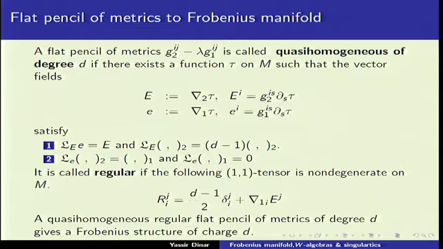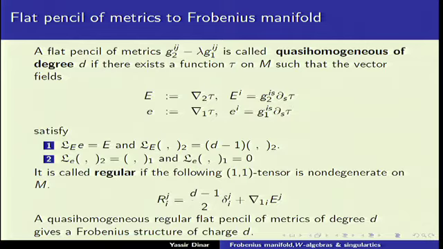So the Lie derivative of E with respect to the first vector field, the Euler vector field, is supposed to be minus E. And the Lie derivative of the second metric gives you d minus 1 times the second, so it is conformal. And here the degree d appears.